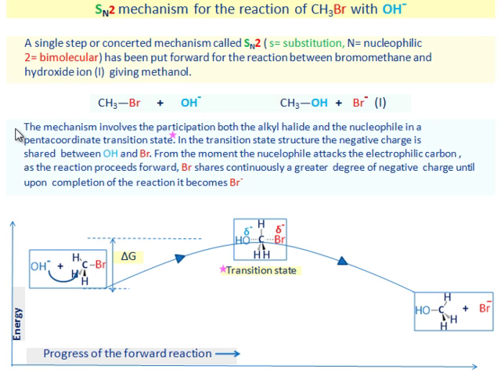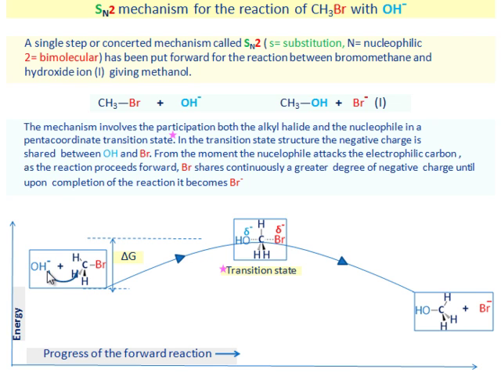The mechanism involves the participation of both the alkyl halide and the nucleophile in a pentacoordinate transition state. In the transition state structure, the negative charge is shared between OH and Br.